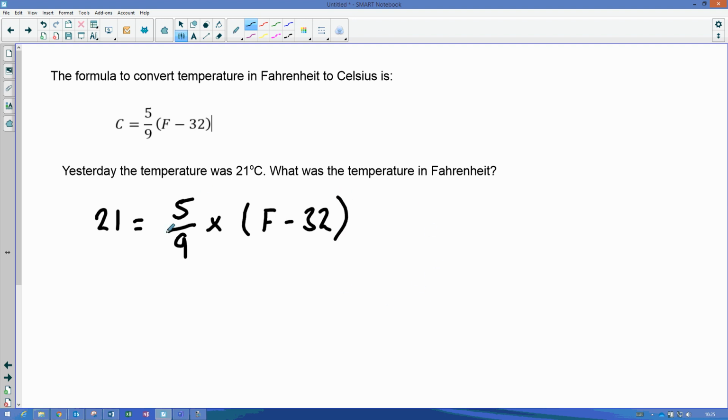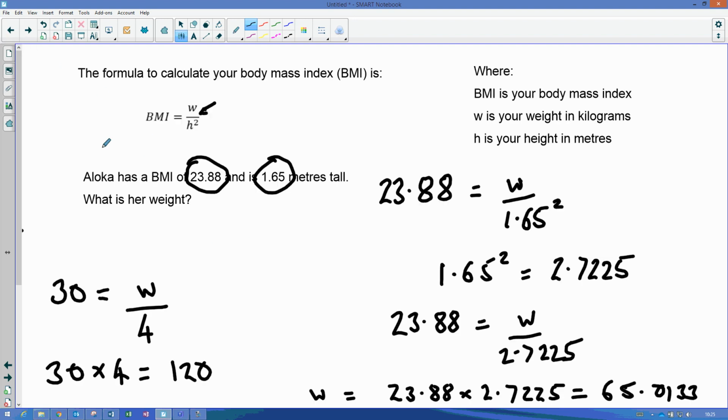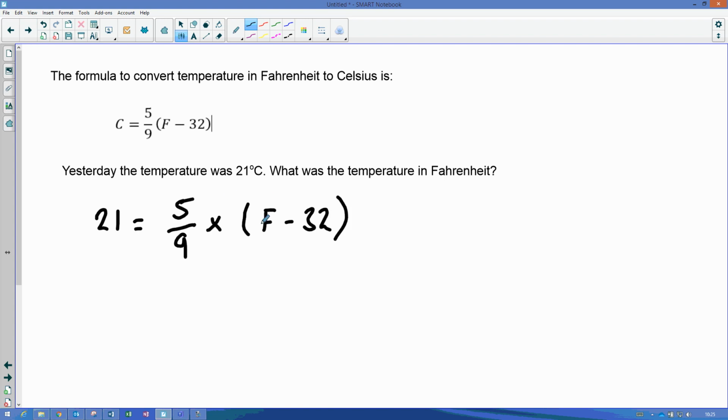Okay, now the reason this is harder is there's more than one sum on this side. In the previous example, it was really only one sum. We had to square the 1.65, but that's just basic maths. And then our letter only had one sum being done to it. In this example, our letter has got the 32 being taken off it and it's being multiplied.